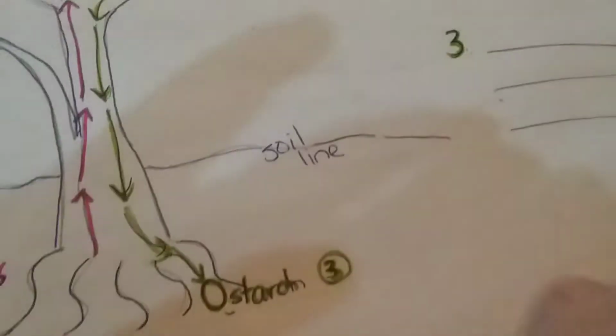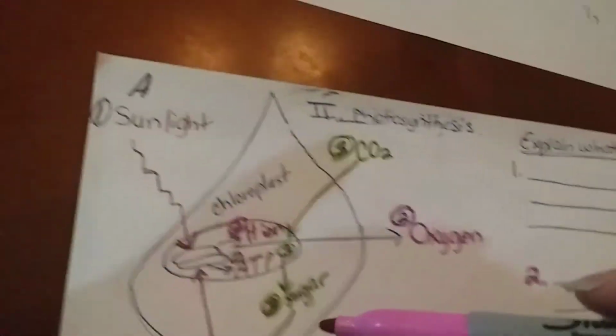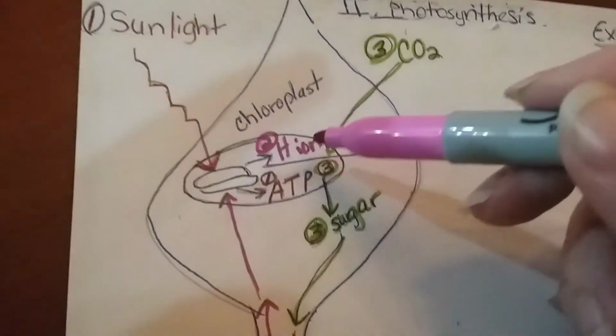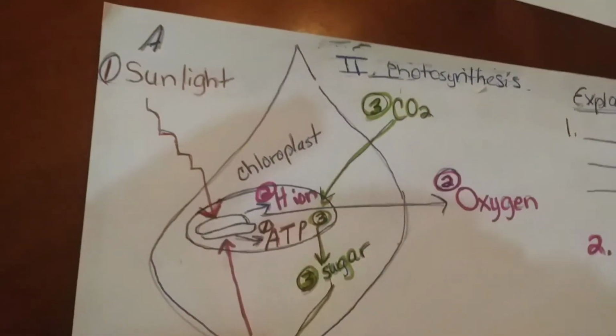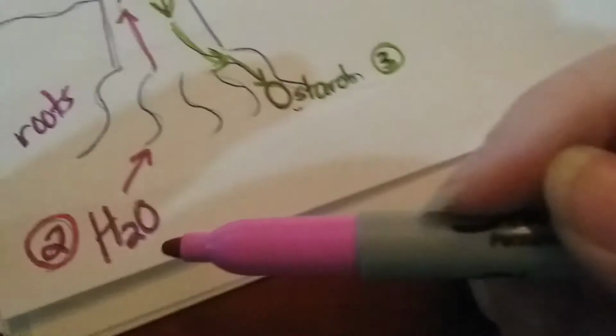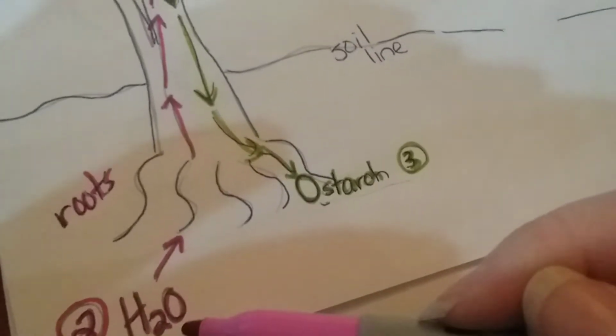Number 2 was where the water comes in through the roots, through the stem, and goes up to the leaf. So it hits the same location and it creates this hydrogen ion that's given off. Where did the hydrogen come from? Well, it comes from the H2O. So the hydrogen is split from the oxygen.